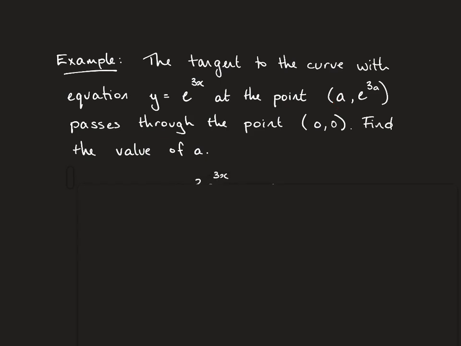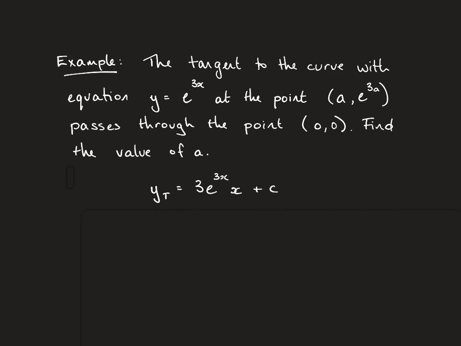So the equation of our tangent is going to be y equals 3e to the 3x plus c, whatever that happens to be, and then we're going to evaluate that at the point a, e to the 3a.